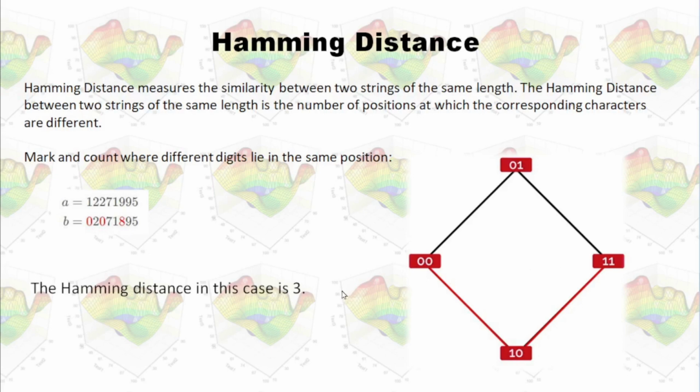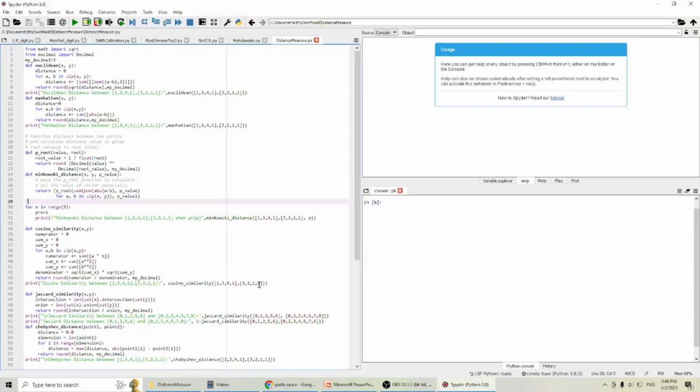Okay, now let's go to Python to see how we can calculate all those distance metrics. I put all the calculations for those distance metrics in the same file except for the Mahalanobis calculation. I will upload both files to my GitHub so you can download and try it by yourself.